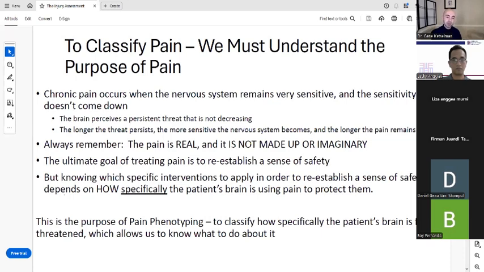So in other words, this is the purpose of pain phenotyping. It's to classify how specifically the patient's brain is feeling threatened, which allows us to know what to do about it.